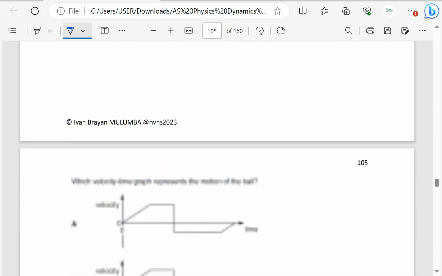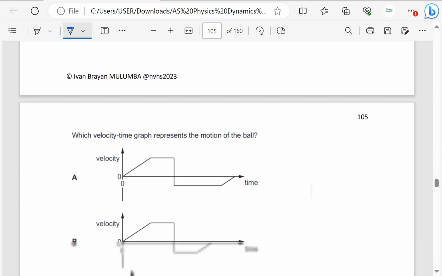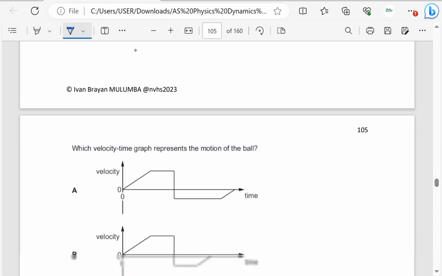Okay, so which velocity time graph represents the motion of the ball? So the first part is showing constant acceleration. This is zero acceleration, then rebounding, again zero acceleration, then constant deceleration.